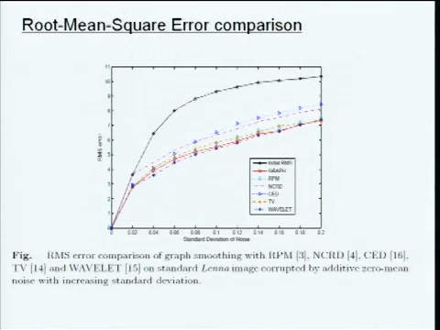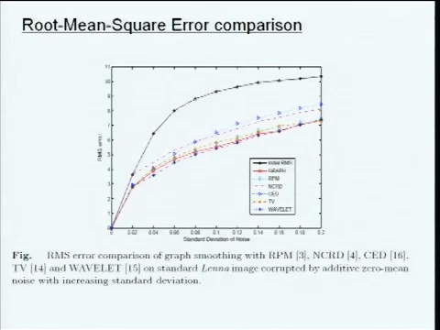So we can look at that more systematically. Here I've plotted the RMS error as a function of the standard deviation of added Gaussian noise, and we have plotted the performance of a number of algorithms in this plot here. So the black curve is the initial RMS error, and then the graph smoothing is this red curve down the bottom.